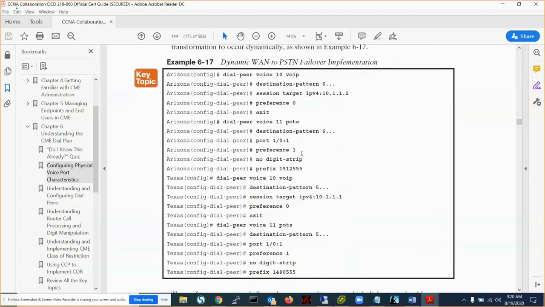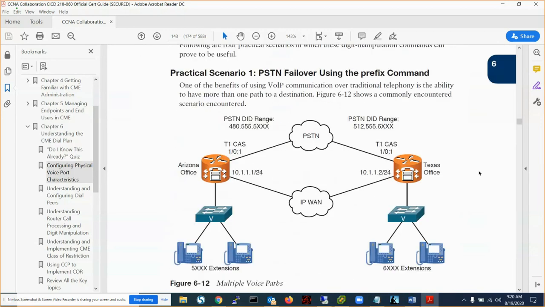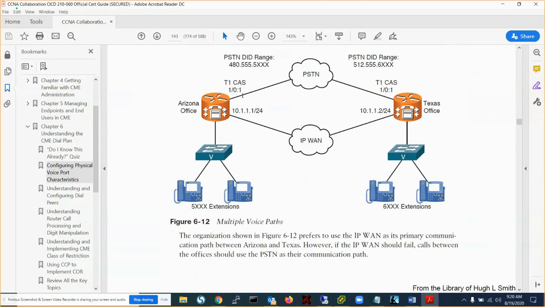Preference 1, no digit strip. So it's telling you not to strip the 6, which is the specific number under the dial peer, and then to prefix this, right? So going back to the diagram, this is the port telling it to send it through, right?